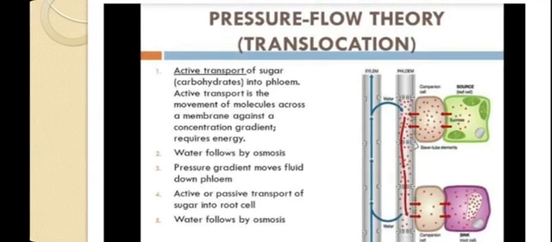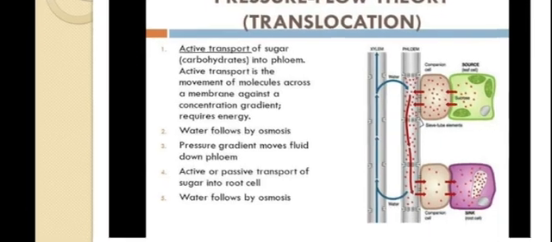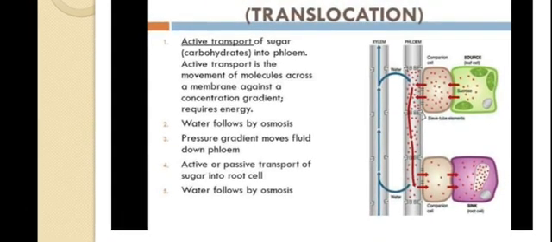So let us read some points here. Active transport of sugar, that is carbohydrates, into the phloem. Active transport means it requires energy. Active transport is the movement of molecules across a membrane against a concentration gradient, and it requires energy. Okay, so here they require energy, they are going against the concentration gradient. Water follows by osmosis. I told you that from the xylem water enters into the phloem by osmosis.